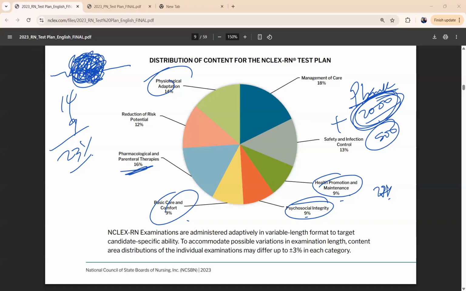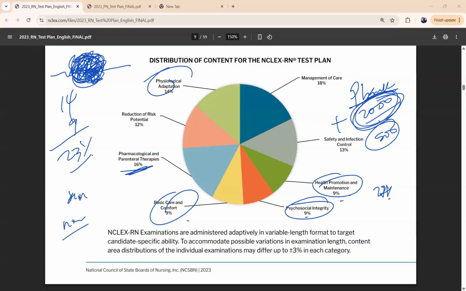Because in the process of studying, trust me, I started studying right from January. As at November, I was still studying because I didn't want to take an exam I didn't understand. I was trying to understand it.